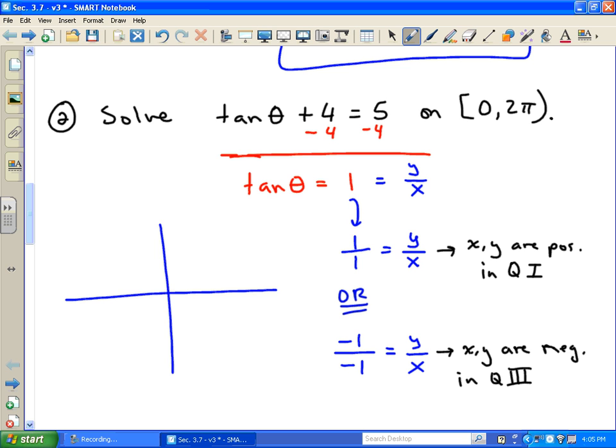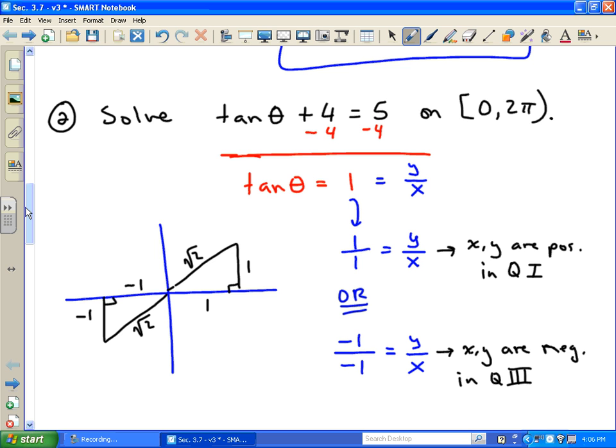And so those are the 2 quadrants where I want to draw these triangles. One here, one here. We know that in the first quadrant, x is 1 and y is 1. That's a special triangle. The hypotenuse is square root of 2. In quadrant 3, x is negative 1, y is negative 1. That is also a special triangle, square root of 2.